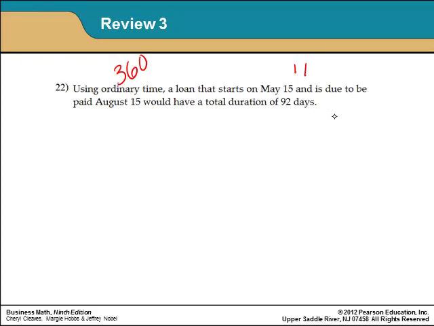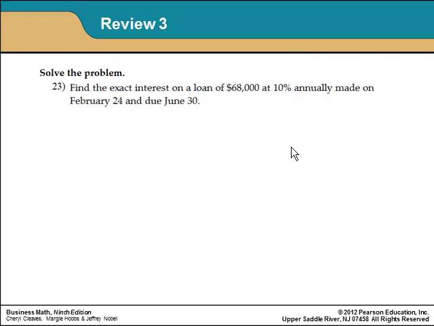So that's 3 months plus these 2 extra days. So 92 days is correct. That would be true. Next one.